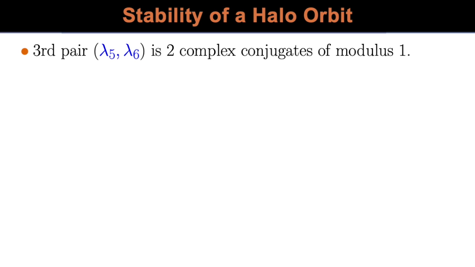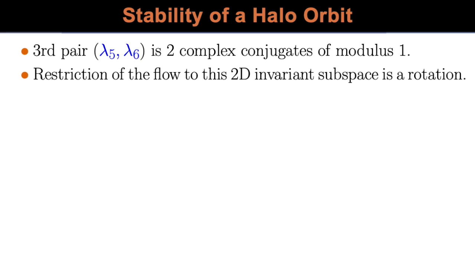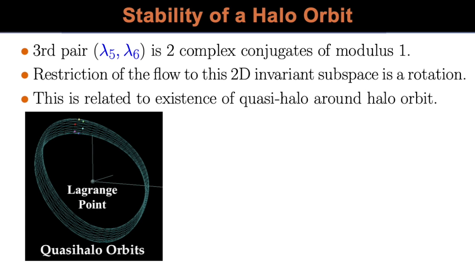The final pair, the third pair, lambda 5 and lambda 6, are two complex conjugate values of modulus 1. So they are on the unit circle. And this corresponds to rotation. This is related to the existence of quasi-halo orbits around the halo orbit.